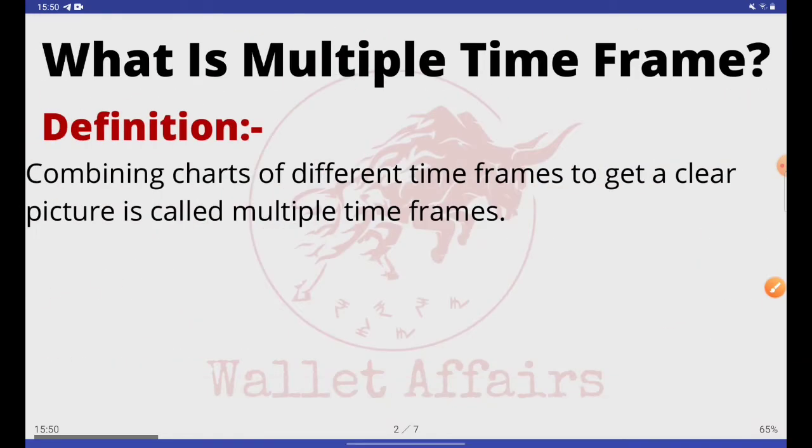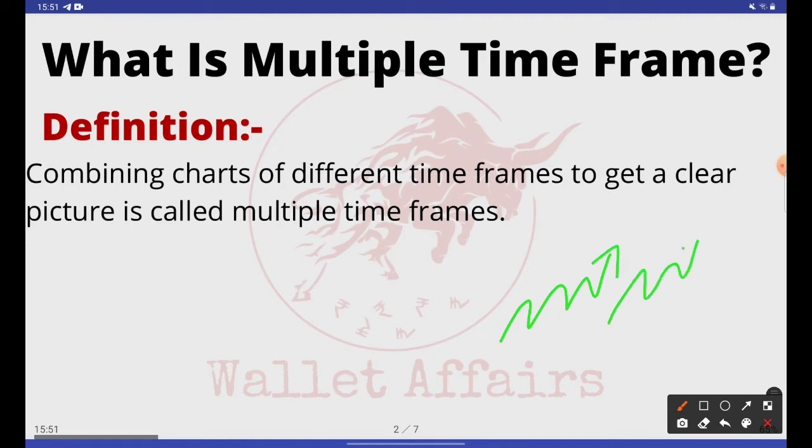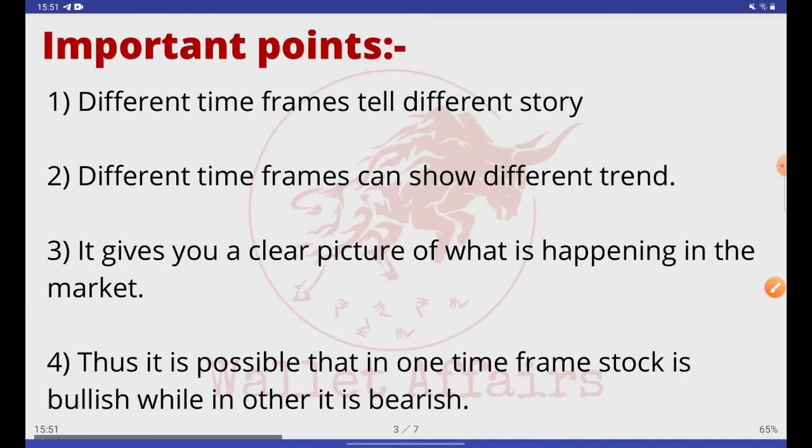See, combining charts will give you a more correct trade. Why? Because the stock is moving uptrend in all time frames. Thus, taking a trade in the same direction will give you a more actual, correct trade.